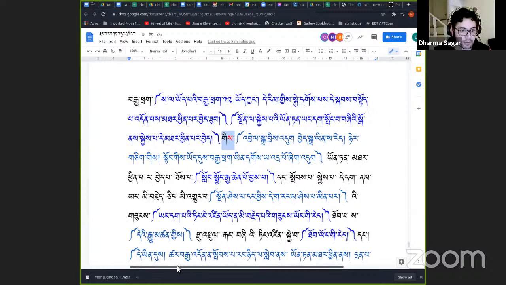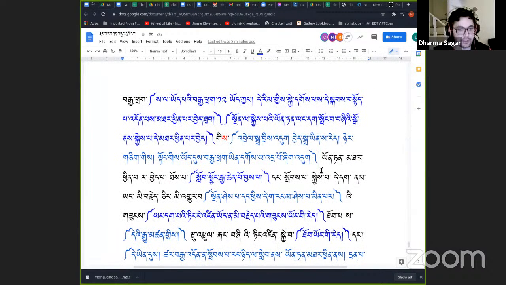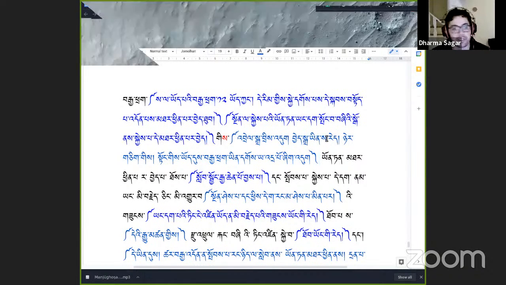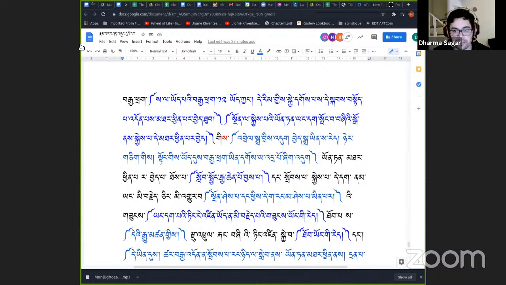When the Kempo was explaining, I didn't need to ask him anything in the audio. He himself explained it again, the whole paragraph with the additions in a different shade of blue that we're going to go through, and he explained this one as being the subject particle or the agentive particle.